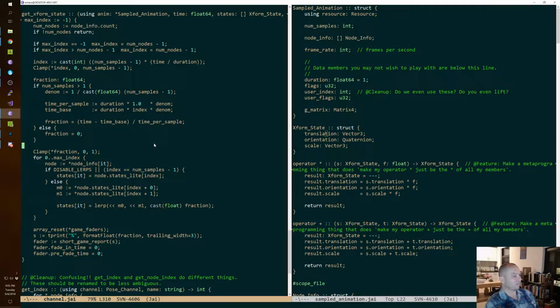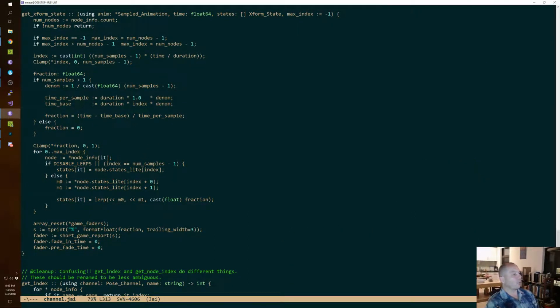So basically, if we're disabling lerps, right? We call this routine and we say, here's the current time. And then we figure out what that time means in terms of the index of the base sample and then the fraction, right? The base sample gets put in index, and then the fraction is this float 64.